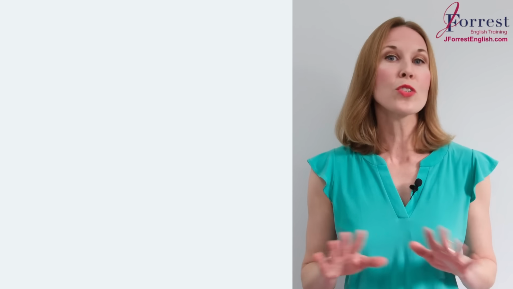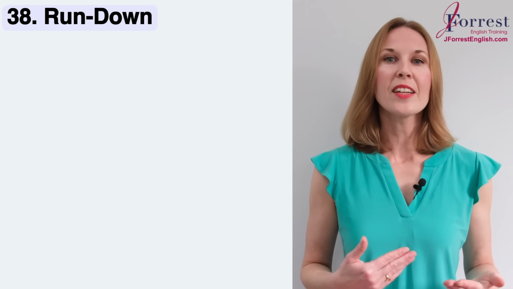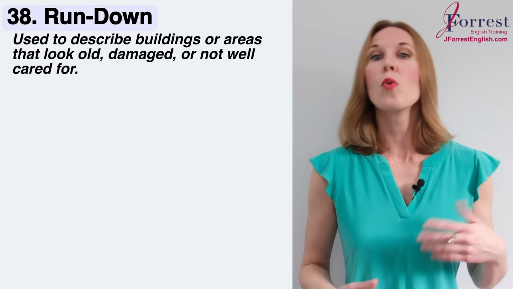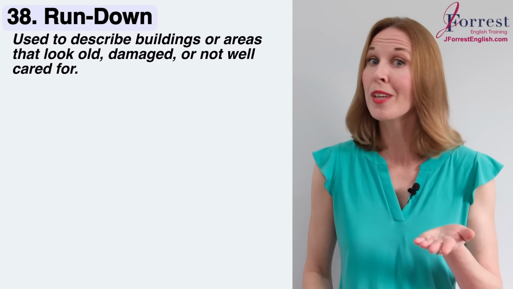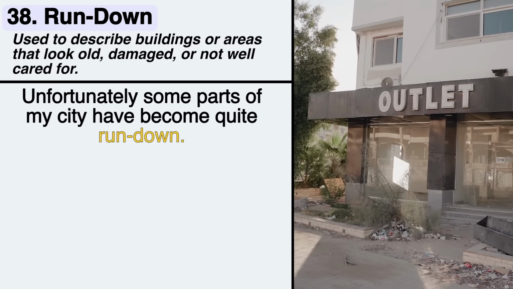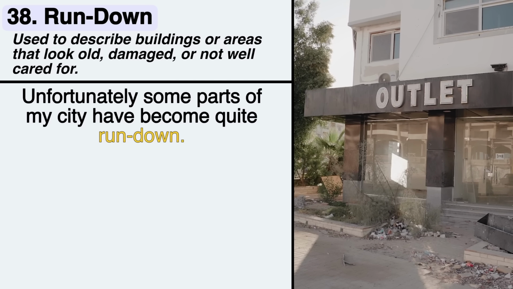Now, hopefully you don't describe your area as run down. This describes buildings or areas that look old, damaged, or not well cared for. And you can use this to describe a person as well. You can say, unfortunately, some parts of my city have become quite run down.